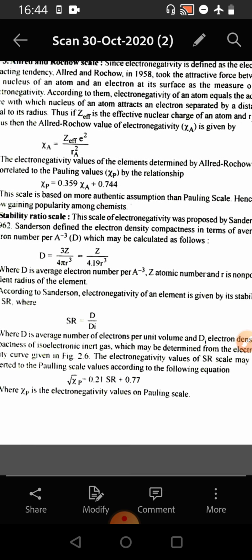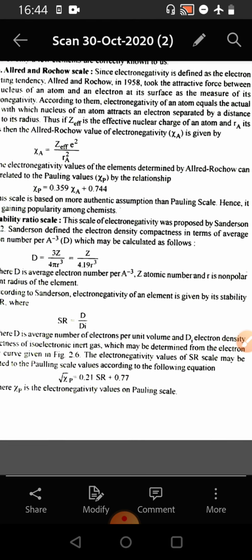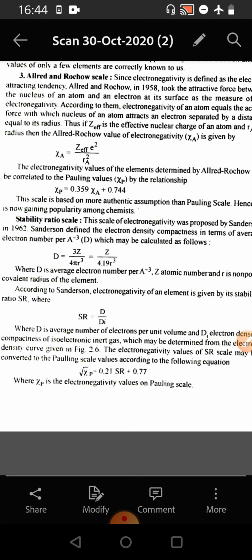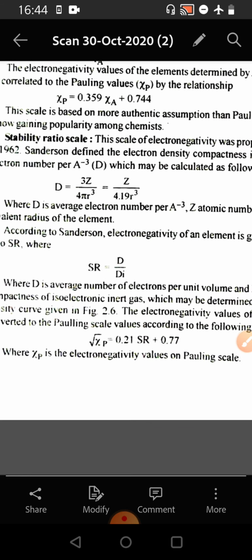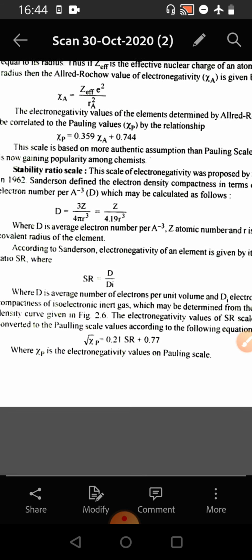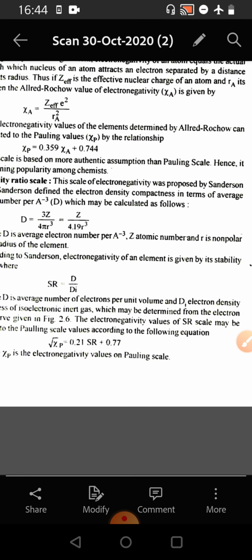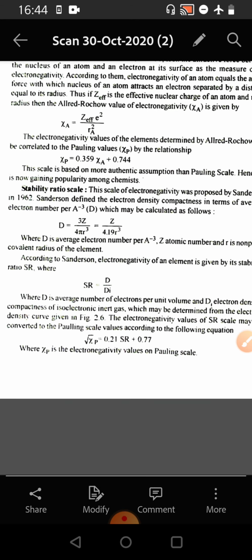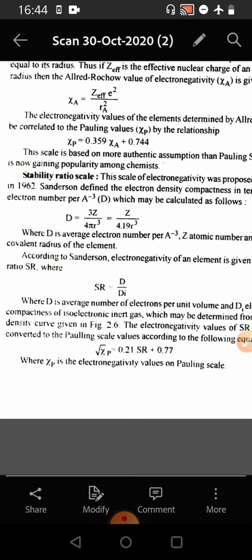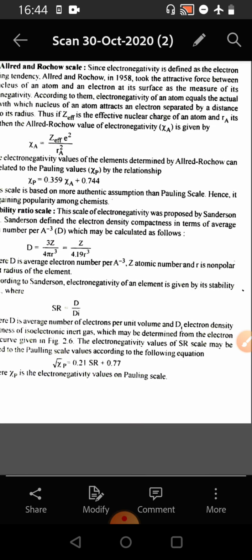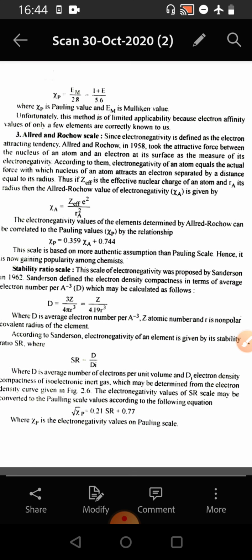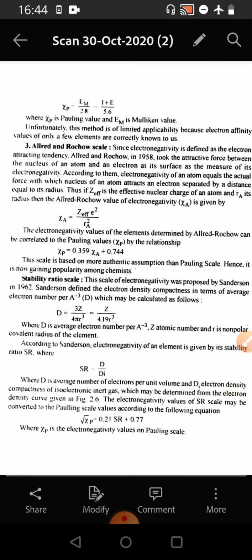According to Sanderson, the electronegativity of an element is given by its stability ratio SR, where SR is equal to D upon Di, where D is the average number of electrons per unit volume and Di is the electron density compactness of the isoelectronic inert gas, which may be determined from the electron density curve.